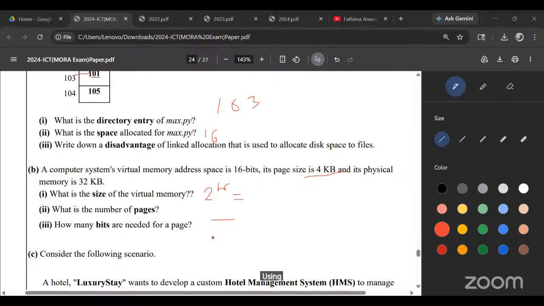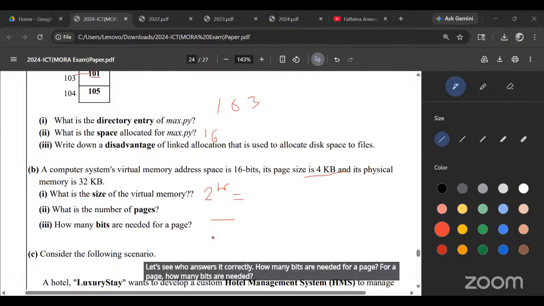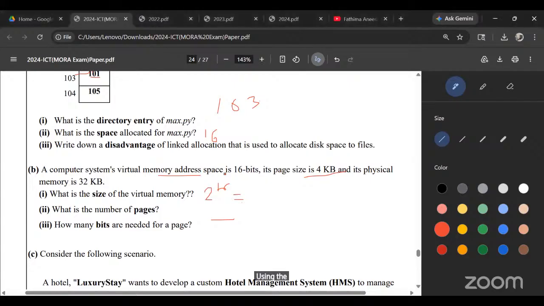Using the page what? The number of bits. Let's see who answers it correctly. Using what? From the question, will you find out the answer? Using the virtual memory address bits or using the page size or the physical memory.